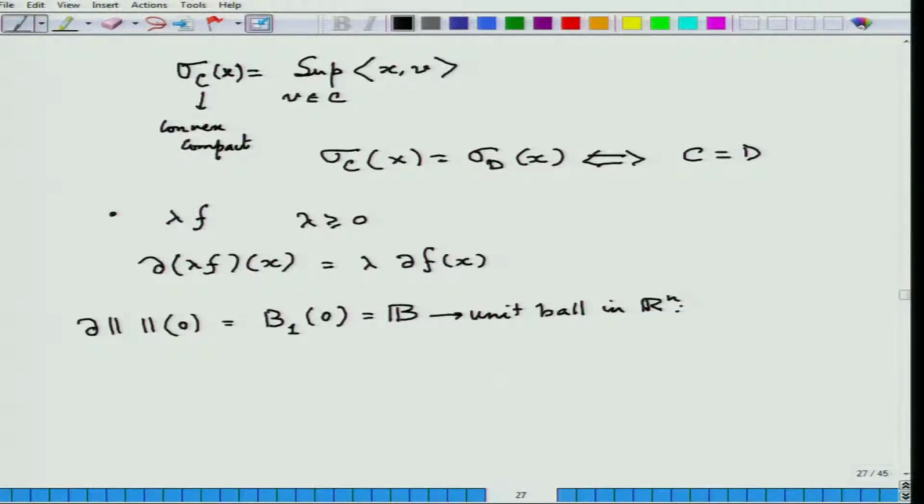You can also find a composition rule and all sorts of stuff.